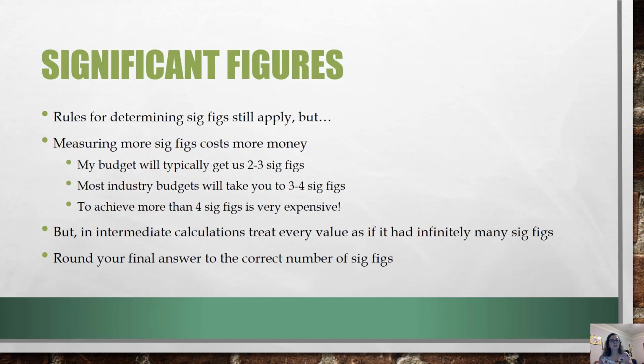The other thing is we're going to be doing things that have lots of intermediate steps in the calculations. On those, I treat every intermediate step as if it had infinitely many significant figures. I try to not round my intermediate steps, and then the final answer, at that point, I round to an appropriate number of significant figures.